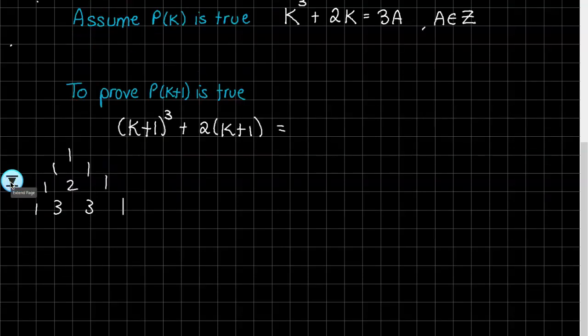Okay, so that becomes 1k cubed plus 3k squared plus 3k plus 1. If you want a tutorial on Pascal, let me know. Probably not today, next lesson.